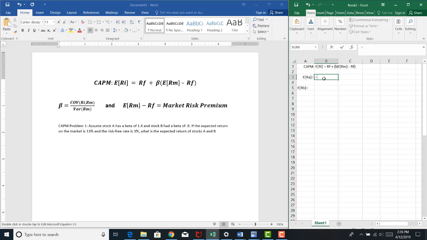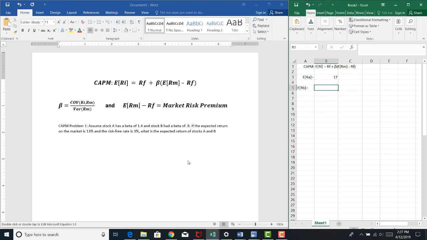It's going to be equal to 3% plus, for stock A, my beta was 1.4 times the difference between 13% and 3%. We can do that in our head. That's 10. Okay, and when I hit enter, it's going to give me the expected return for stock A according to the capital asset pricing model, which in this case is 17.